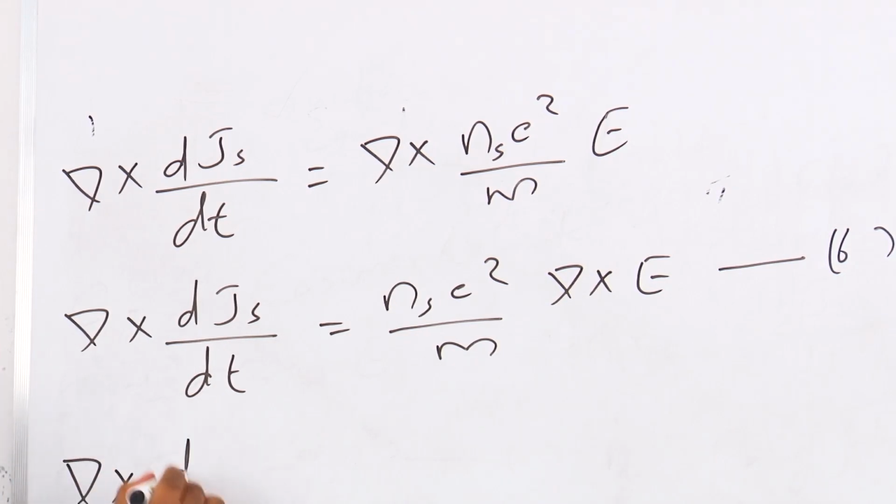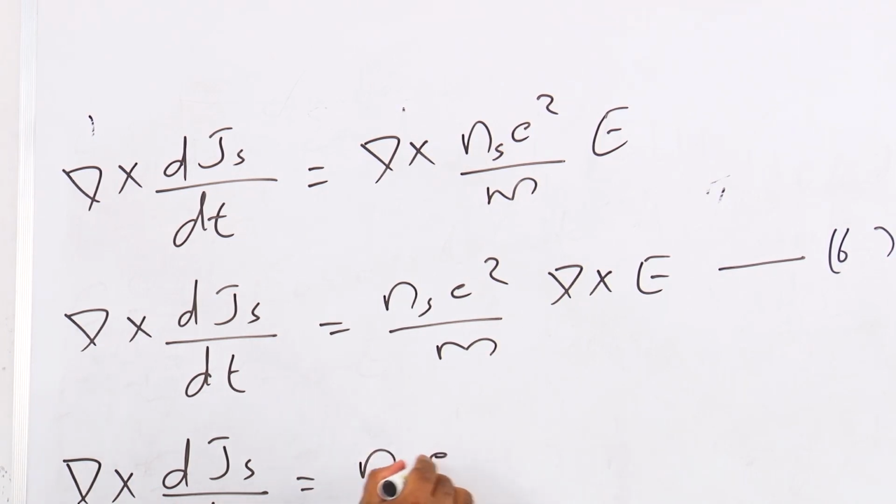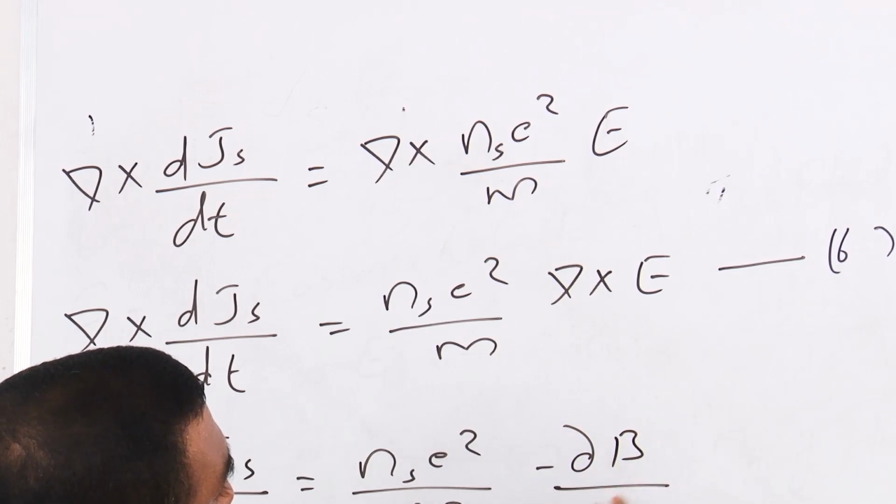Therefore, del cross dJs by dt is equal to ns e square divided by m into minus dou B by dou t.